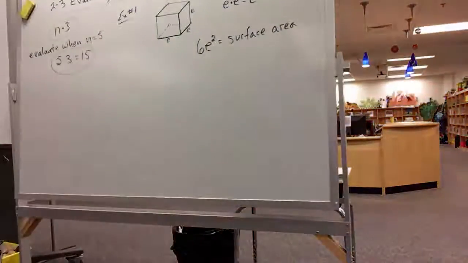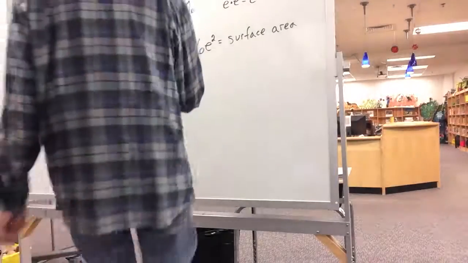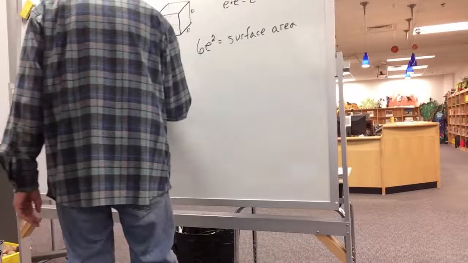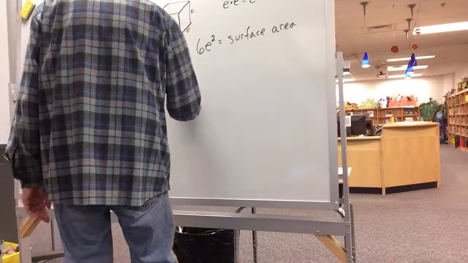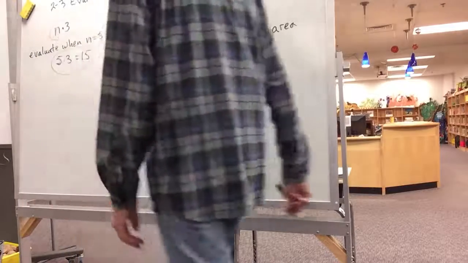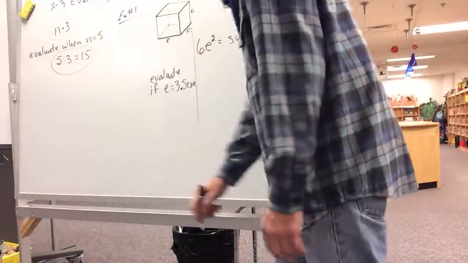So now it says to find the surface area if the edge of the cube is 3.5 centimeters. So now e is going to be 3.5 centimeters. So there we go. We've got 6e squared.